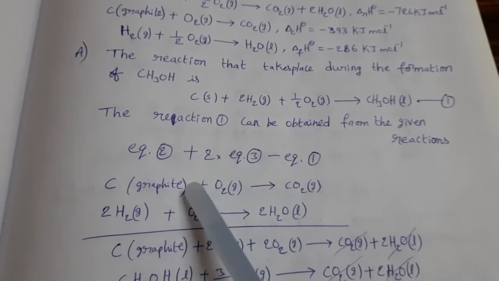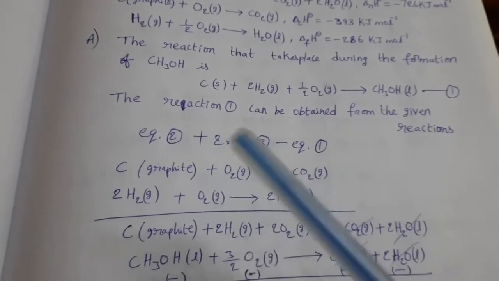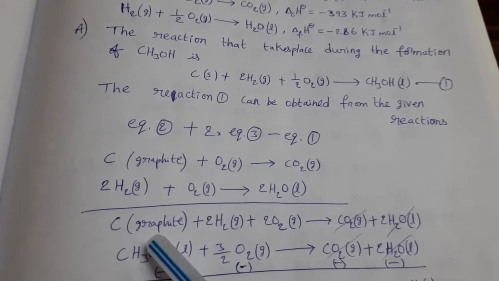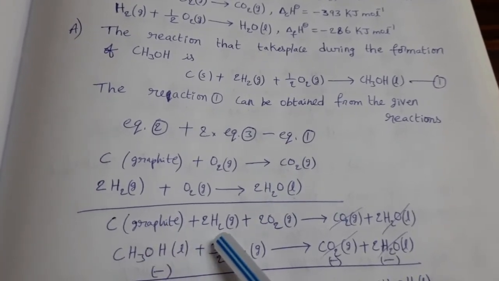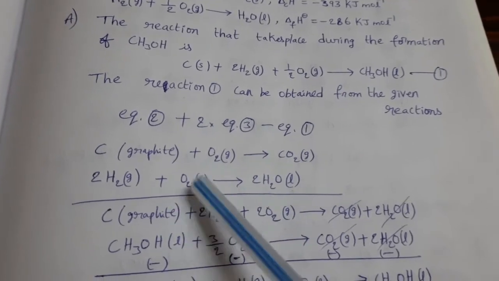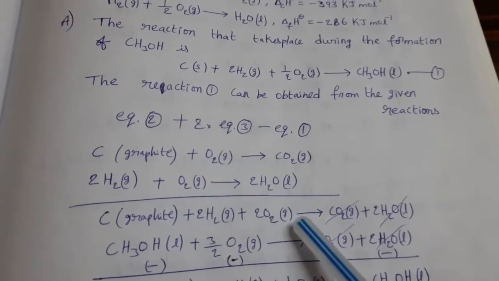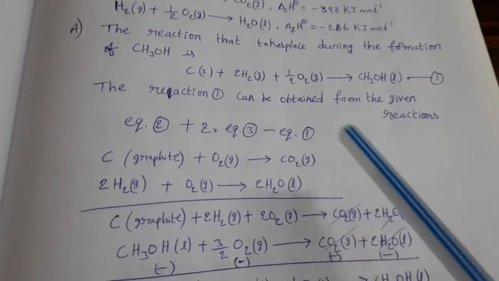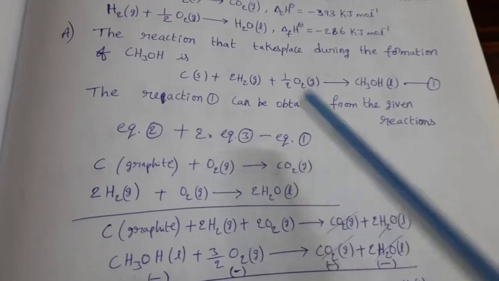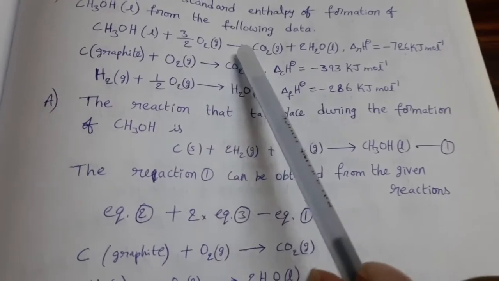We have to add these two reaction equations. Then we can get carbon in the form of graphite plus 2H2 plus 2O2 gives rise to CO2 plus 2H2O. Next, subtract equation 1. What is equation 1? This one.